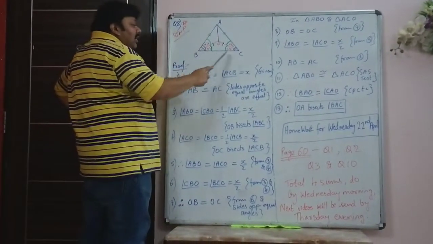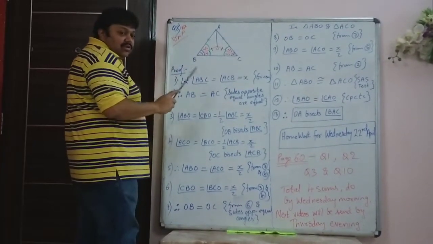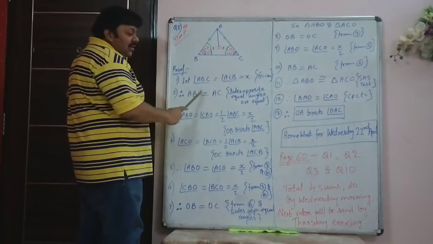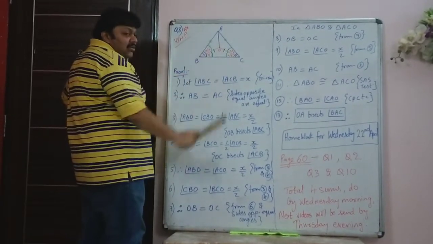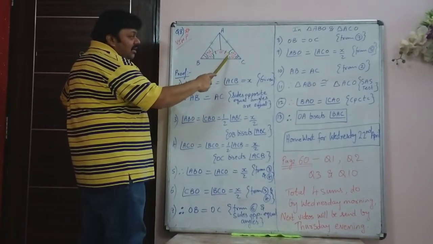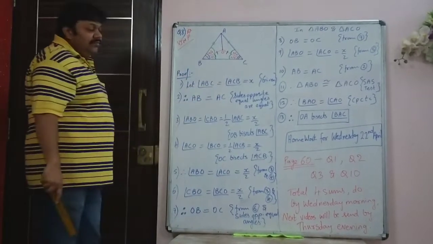Now already you have angle ABC equal to angle ACB given, in the first step itself. So AB will be equal to AC. Why? Sides opposite equal angles. Because this entire angle was x and this entire angle was x, therefore AB is equal to AC.